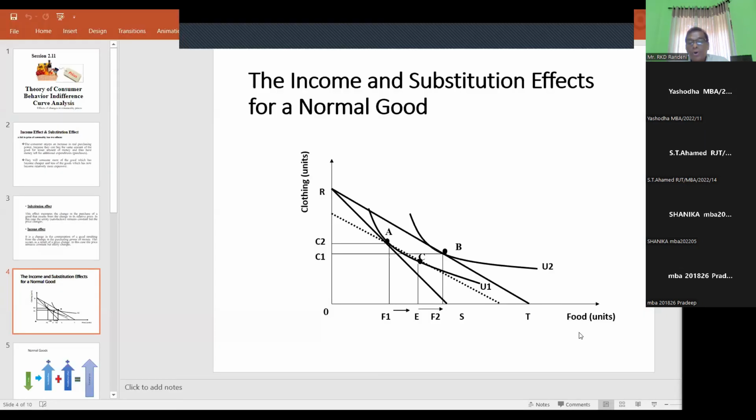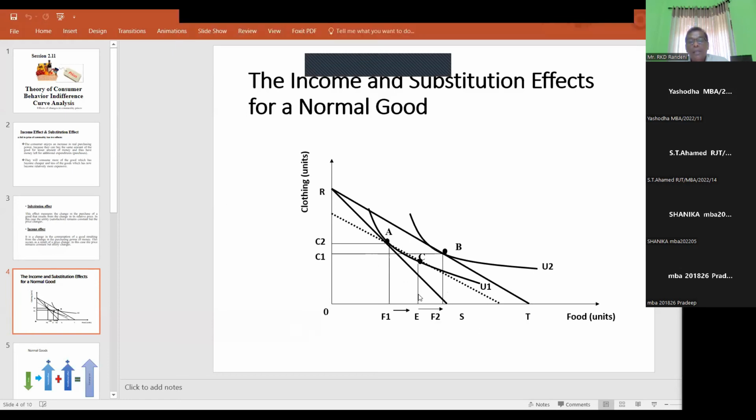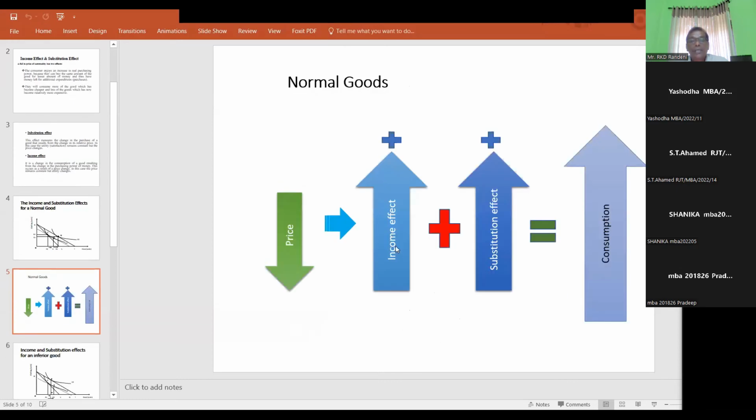That good X is normal. When the price of X is reduced, then the income and substitution effects are almost the same. That is the thing you have to realize.